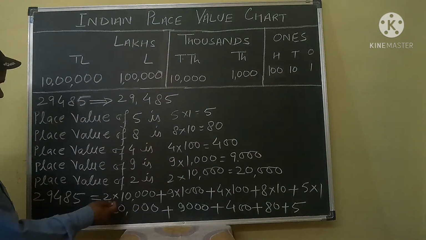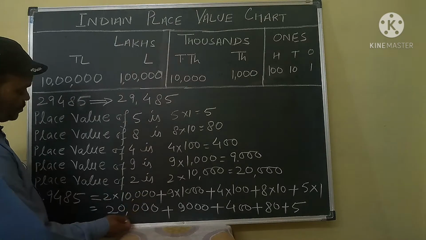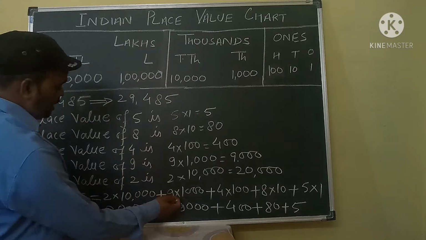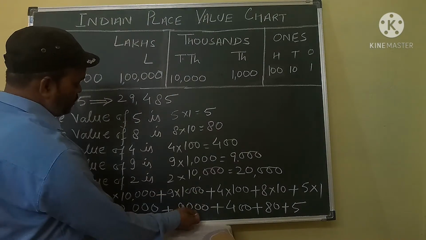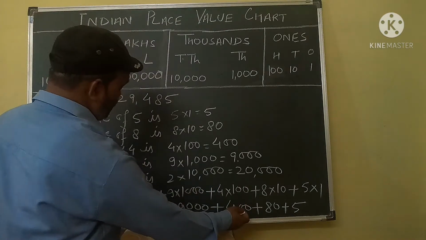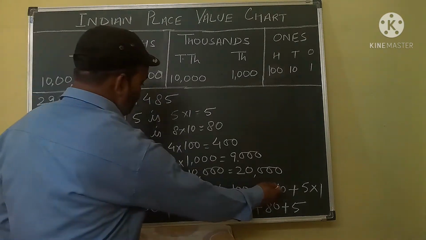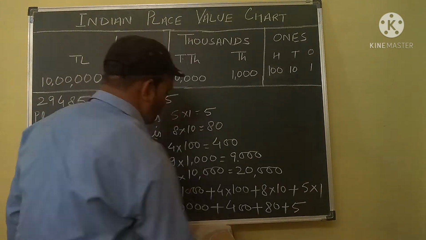Now look here. 2 into 10,000 gives 20,000. 9 into 1000 gives 9,000. 4 into 100 gives 400. 8 into 10 gives 80 and 5 into 1 is 5.